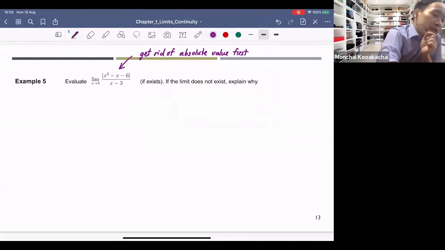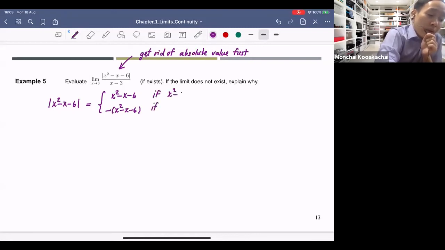So here, you can see that the absolute value of x squared minus x minus 6 is going to be either x squared minus x minus 6 or negative (x squared minus x minus 6), depending on the value of x squared minus x minus 6. If this is greater than or equal to 0, then it stays the same, right?